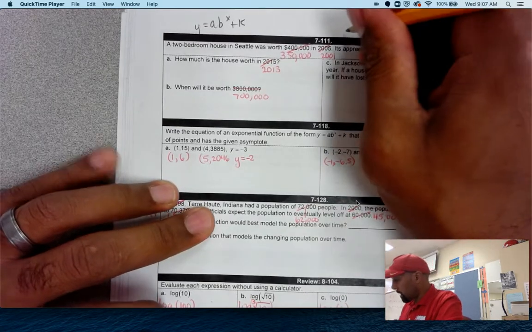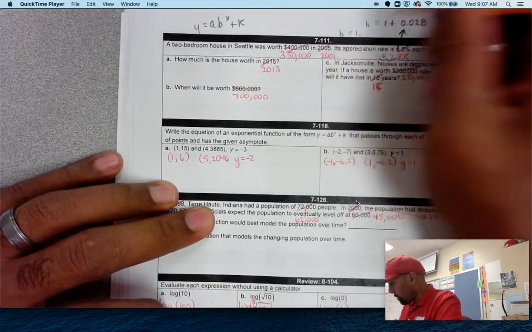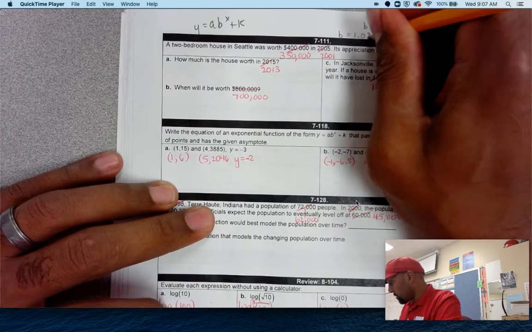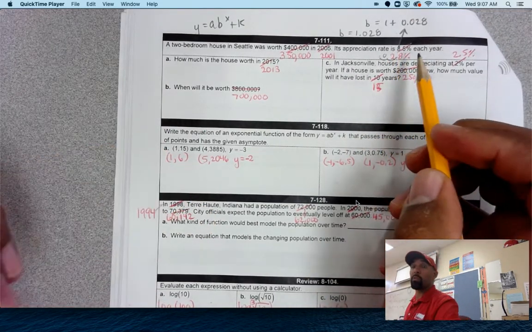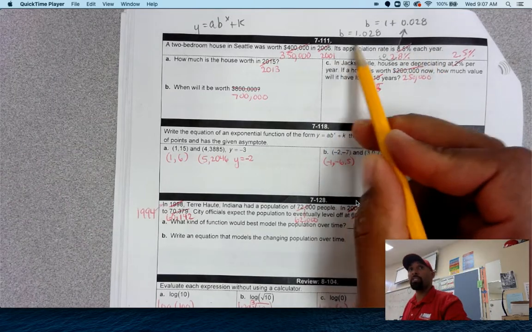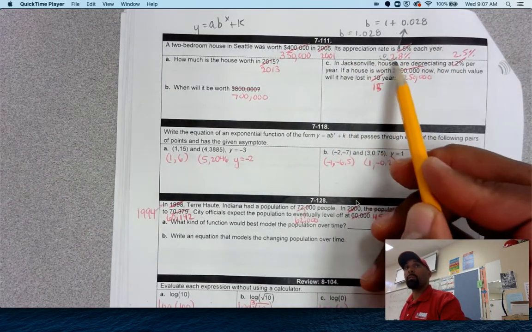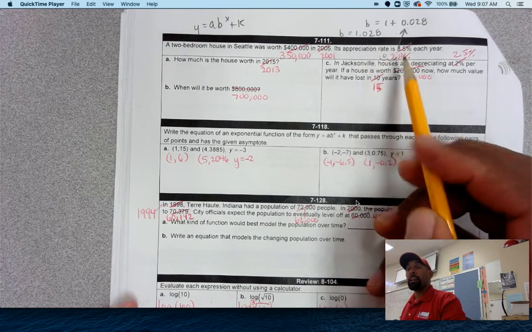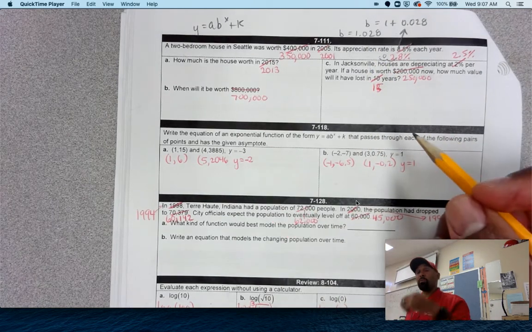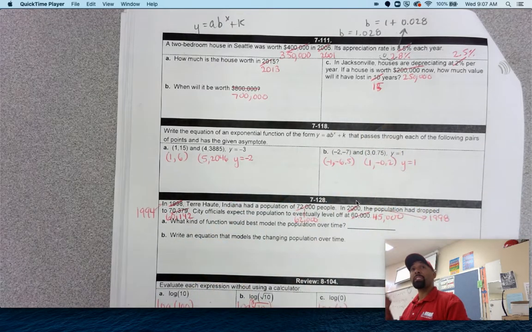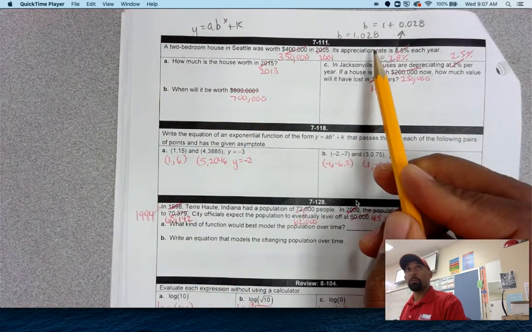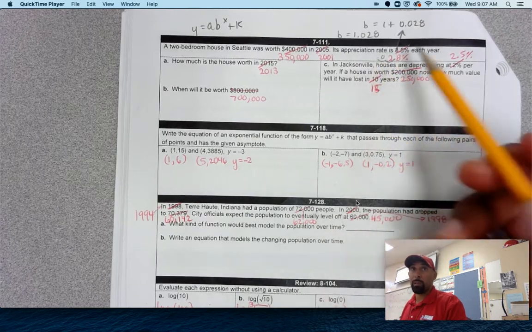So this now becomes 1.028. If you are increasing, which is what appreciation means, then you add this to 100%. If you were depreciating, going down, like the problem that we skipped at the front, then you would subtract that number from 100%. So keep that in mind.